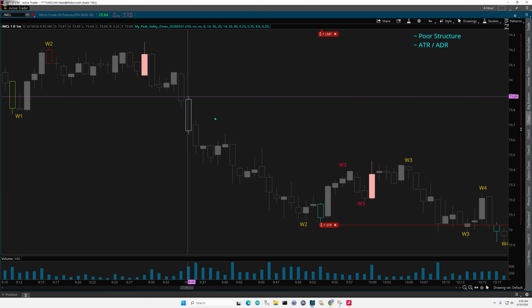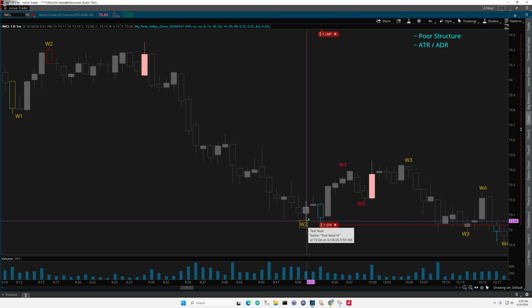So at this point, we know that that is the wave 2 bottom because we get candle body over candle body. So price is no longer going down, it's starting to go back up. And yes, you do see a close below this, and you see a tail below this. So had you gotten long here, you would have gotten stopped out right there.